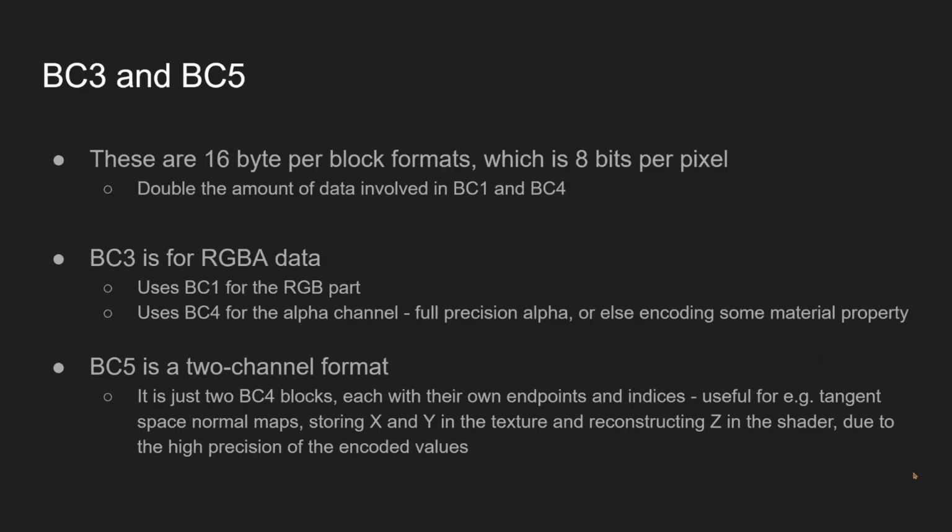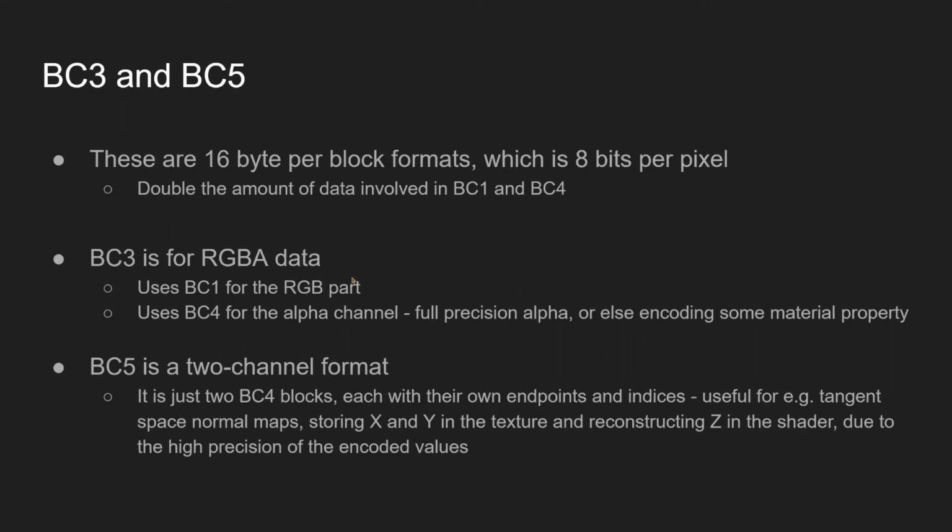So BC3 and BC5 are 16 bytes per block formats, and that's double what the previous formats were. And the reason for that is because it's essentially 2 of them meshed together. So BC3 is BC1 for RGB plus BC4 for the alpha channel.